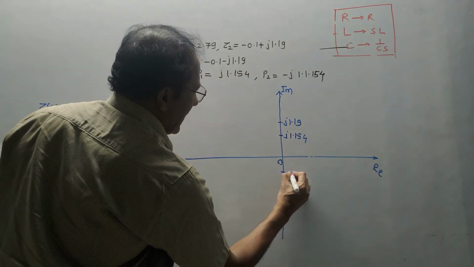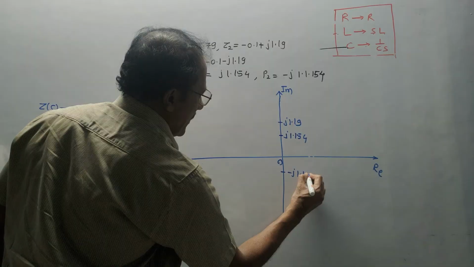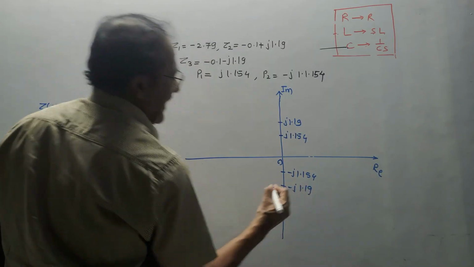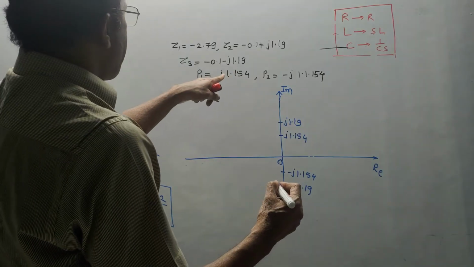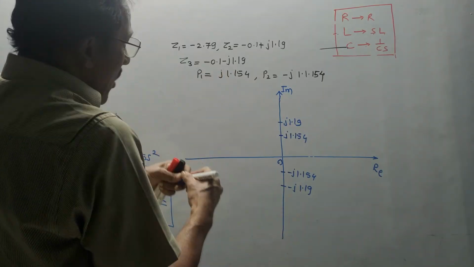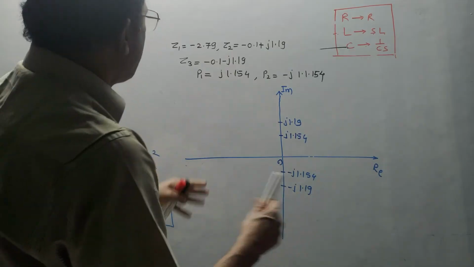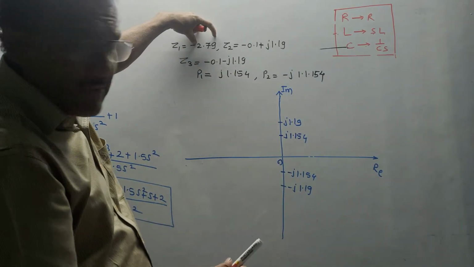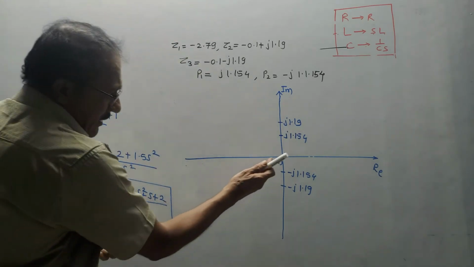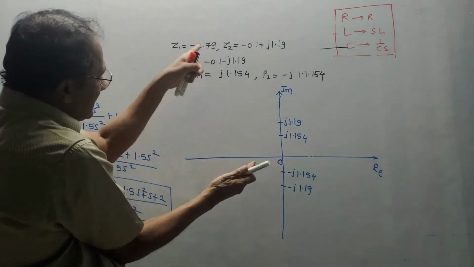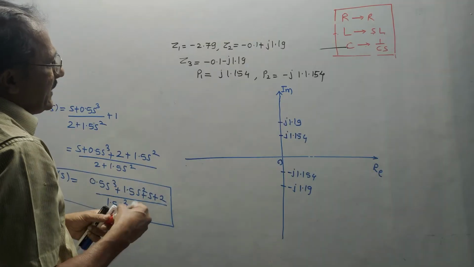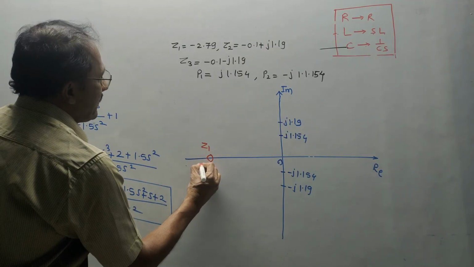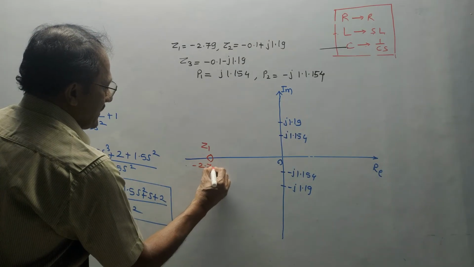Similarly, on the lower side, I will get minus J 1.154 and minus J 1.19. Now, how to mark the poles and zeros? First zero is at minus 2.79. For this, there is no imaginary term. It is a real term only. It is on the real axis and it is minus, so it is on the negative side. So somewhere here, let us say I will get this value Z1, whose value is minus 2.79.